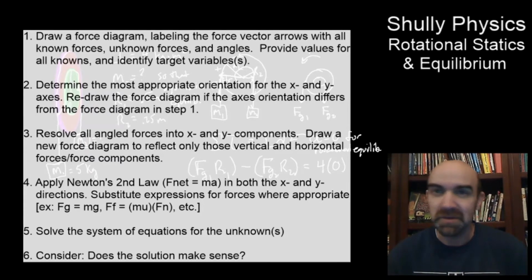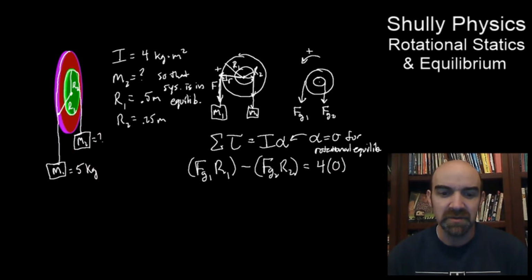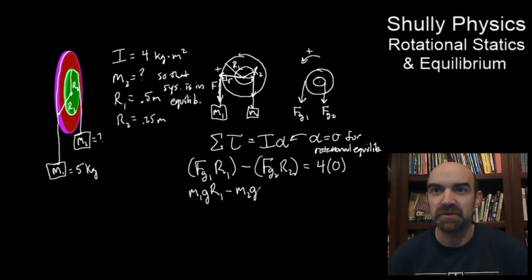So at this point, let's pull in our mg for these F's. We've got mass 1 times acceleration due to gravity times R1, minus mass 2 times acceleration due to gravity, that's weight 2, times radius 2, equals 0. Start plugging in what we've got. We've got a mass of 5.